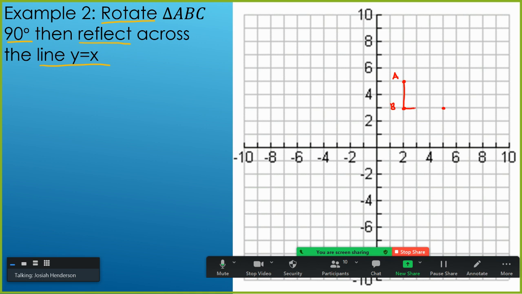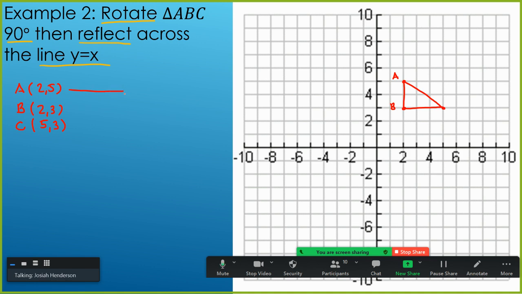Now we're going to follow some different directions, different transformations. So let's list our original points on the side. And they're the same as last time. So A is 2, 5. B is 2, 3. And C is 5, 3.